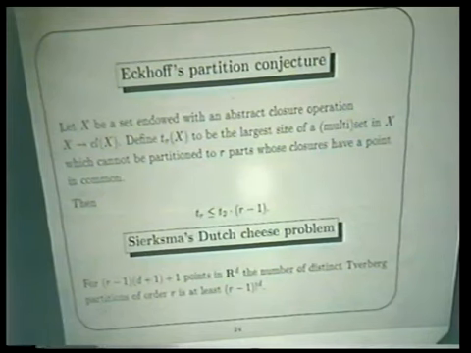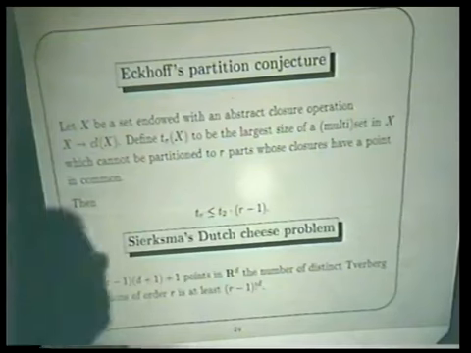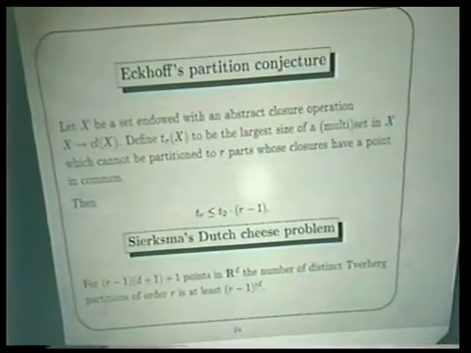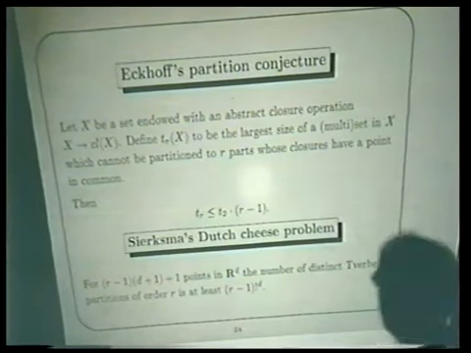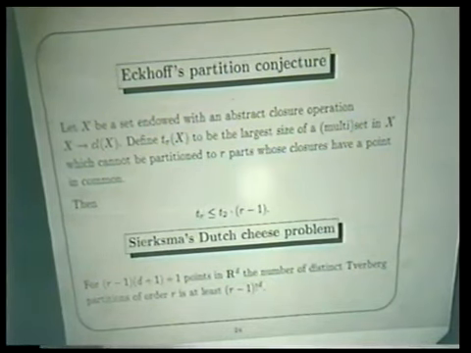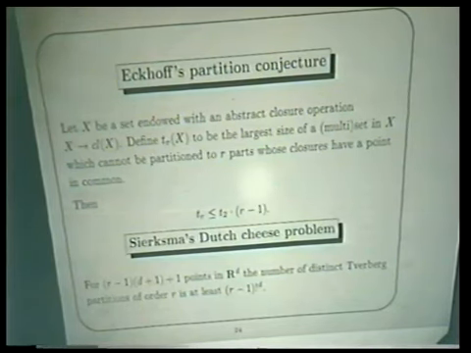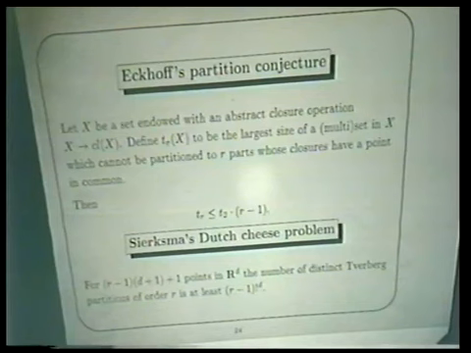So, Eckhoff asked many years ago if the Tverberg theorem follows purely combinatorially from Radon's theorem. Is it true that for any abstract closure operator, if you define the Tverberg number and the Radon number, you have this relation? So just in words, it says, does Tverberg's theorem follow purely combinatorially from Radon's theorem?